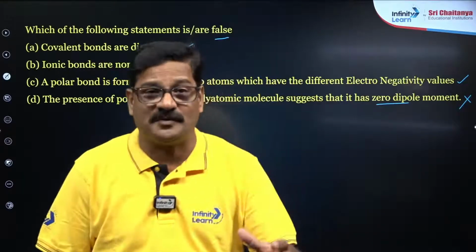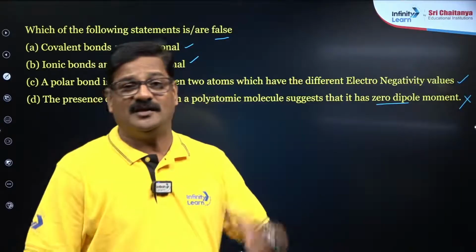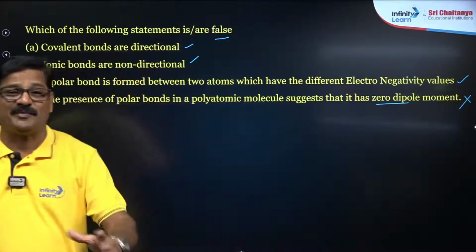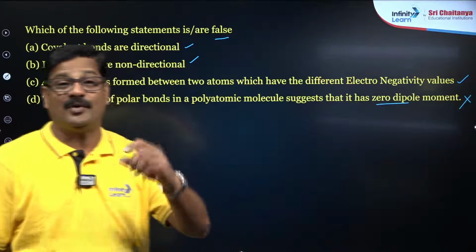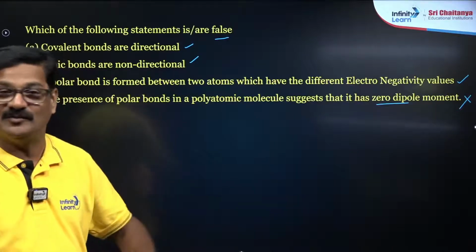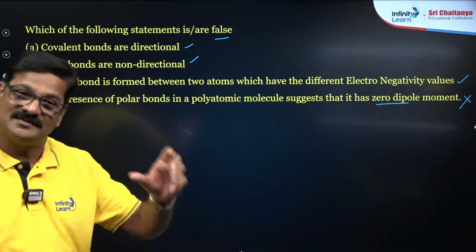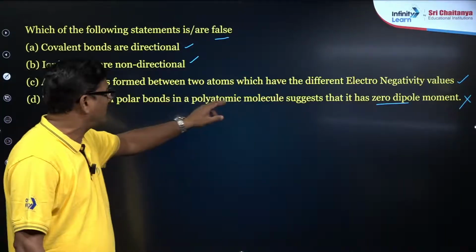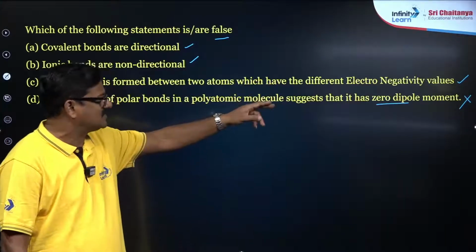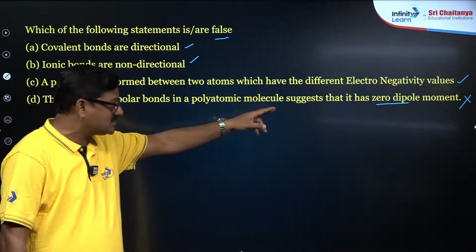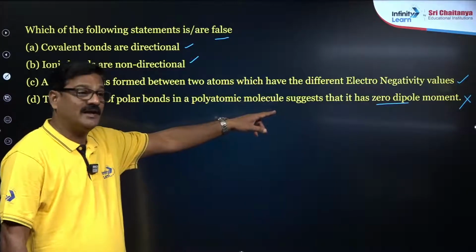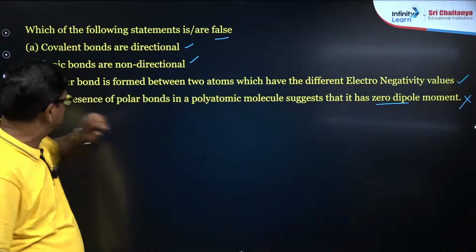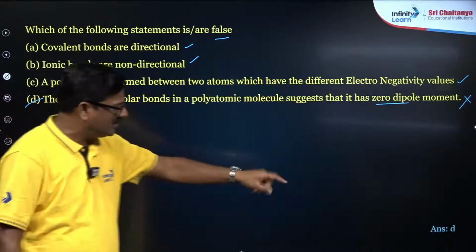If the molecule has irregular geometry, the molecule is going to be polar. NH3, water, these are all polar. Why? Because what they said to be correct, that the presence of polar bonds in a polyatomic molecule suggests zero dipole moment, holds only under conditions, if it is symmetric. So this is the wrong statement. So my answer is going to be D.